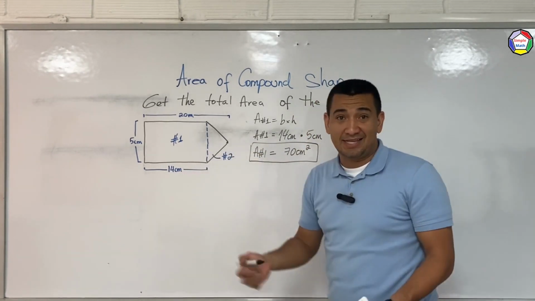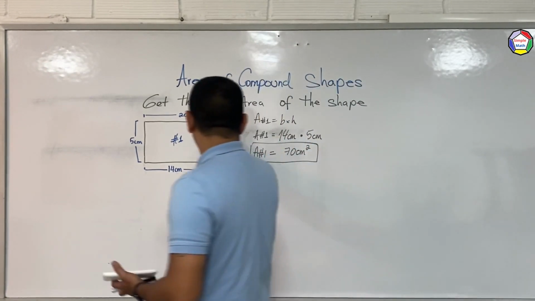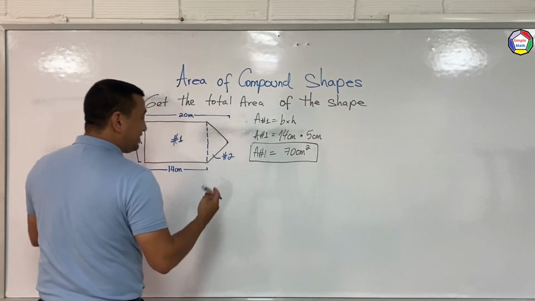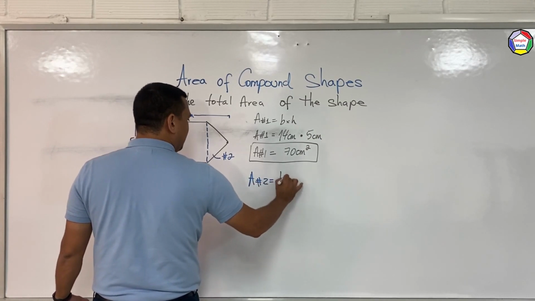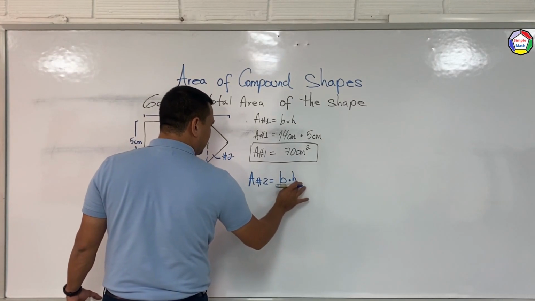Now, let's analyze and calculate the area of the shape 2. The shape 2 is a triangle. To calculate the area of a triangle, the area of the shape 2 is base times height, and the answer divided by 2.